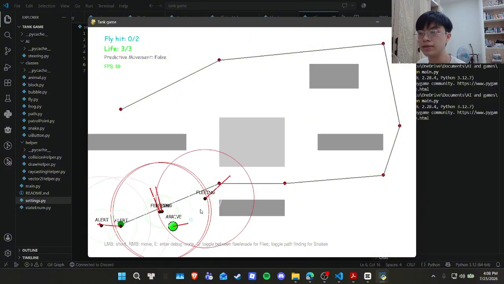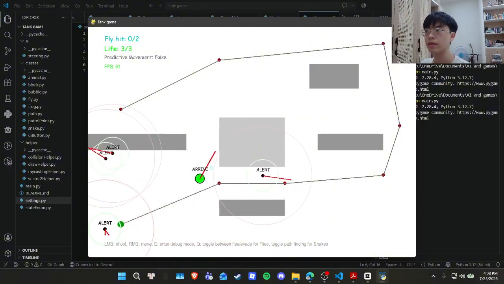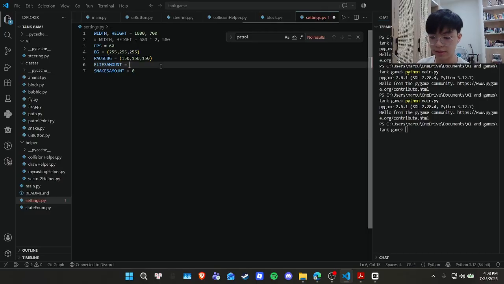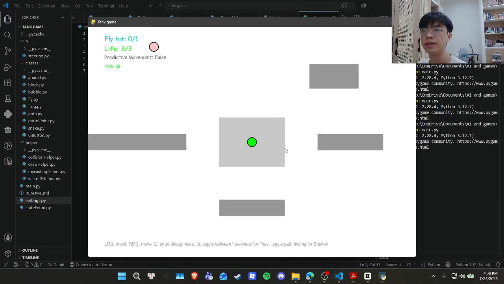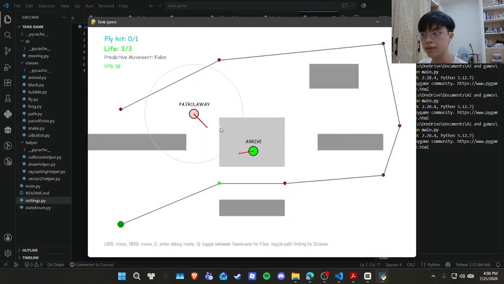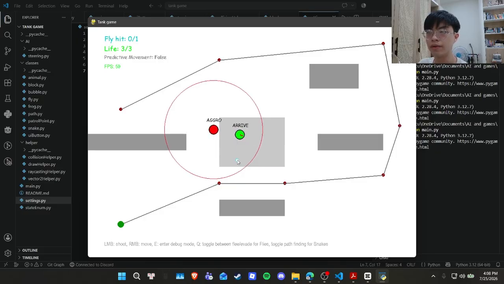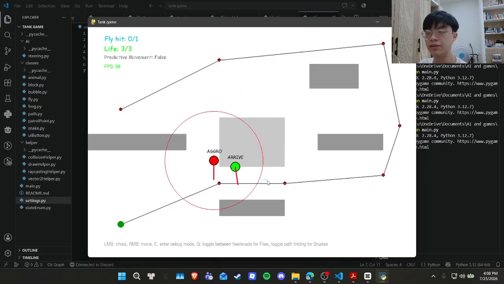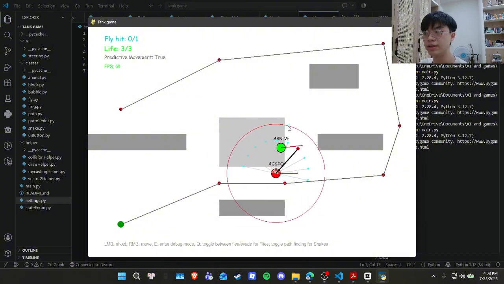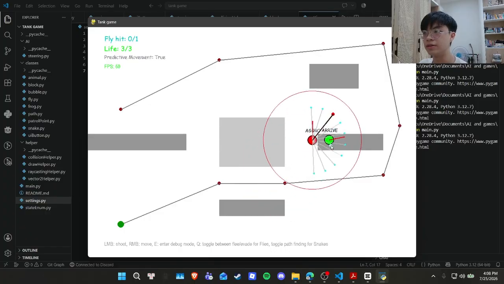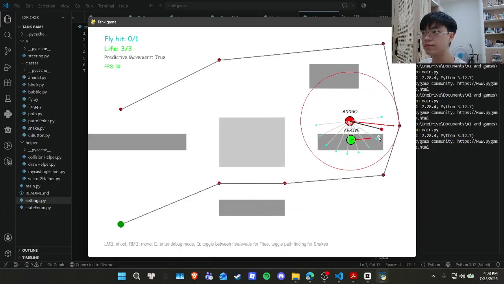Okay. Now let's take a look at the obstacle avoidance, which is implemented on the snakes. This is the normal seeking behavior for the snake to seek the frog's position. Now when we press Q, the snake will begin to use the pathfinding method to dodge the obstacle.